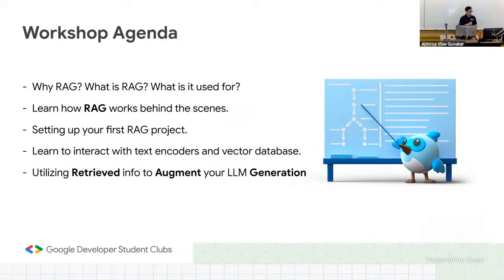We will learn the pipeline behind the scenes, and see how the input is transformed into a relevant output. We're going to go through your first RAG project, learn to interact with a text encoder and vector database through Hugging Face and ChromaDB, and finally utilize the retrieved info to augment your own LLM generation.